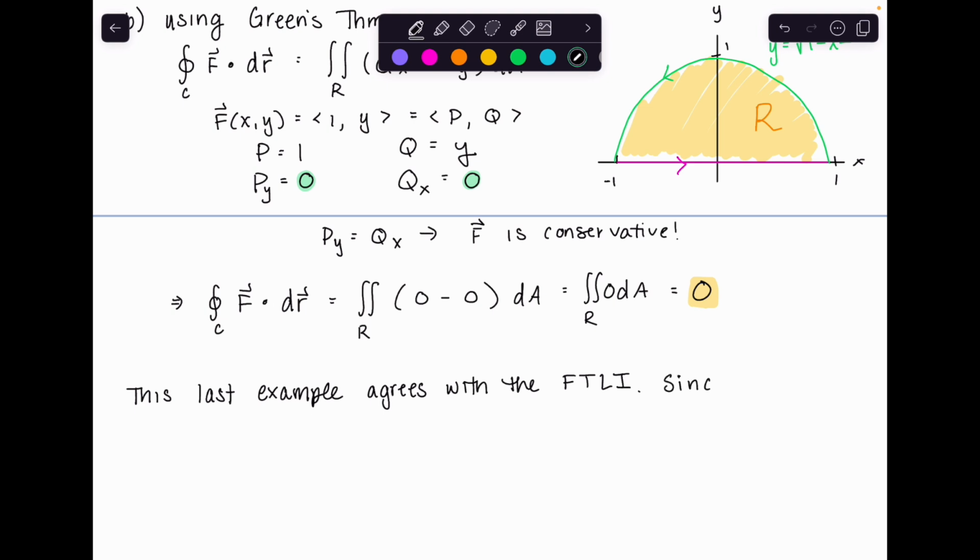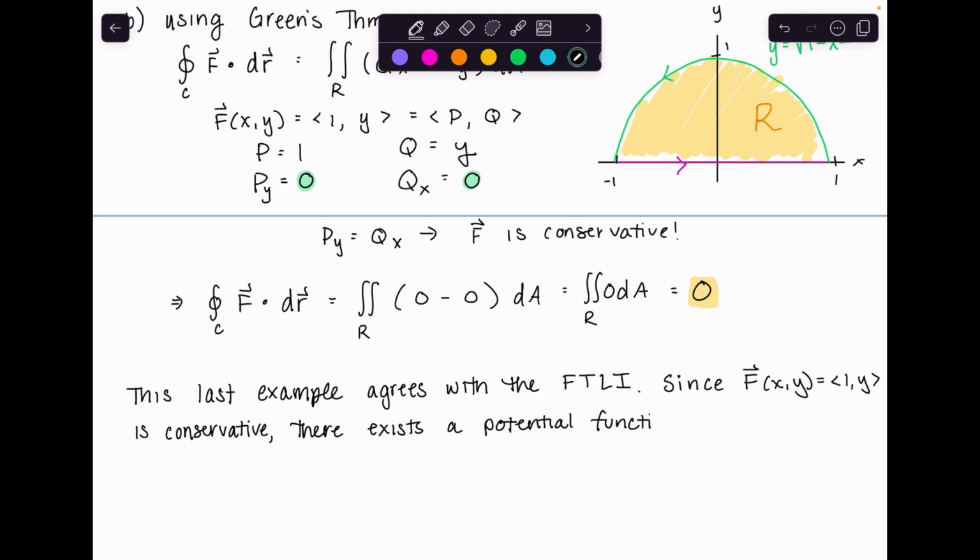Since this vector field F, which is given by <1, y>, is conservative, there exists a potential function little f such that this vector field is exactly the gradient vector of this function.